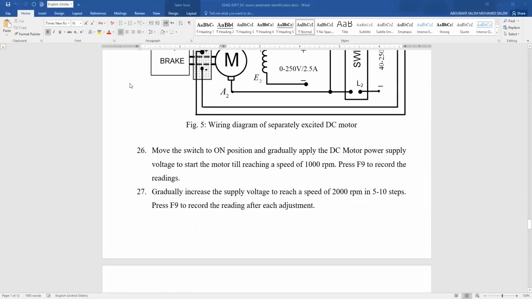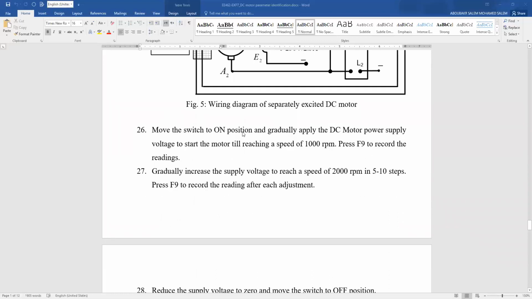Then move the switch to the on position and gradually apply the DC motor power supply voltage to start the motor till reaching the speed of 1000 RPM. So start increasing the voltage gradually up till reaching 1000 RPM. Then press F9 to record the readings.